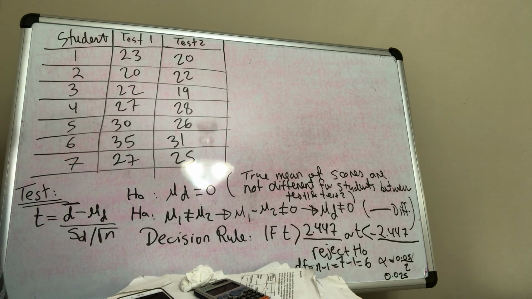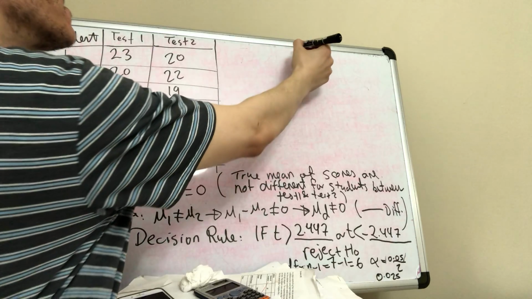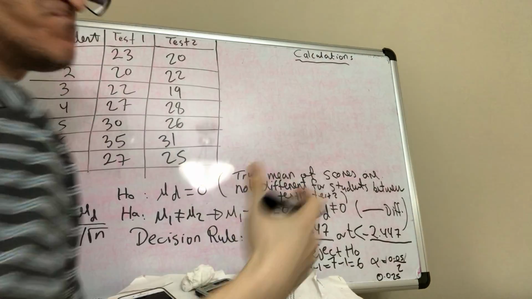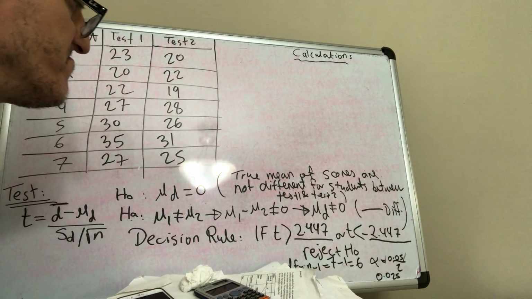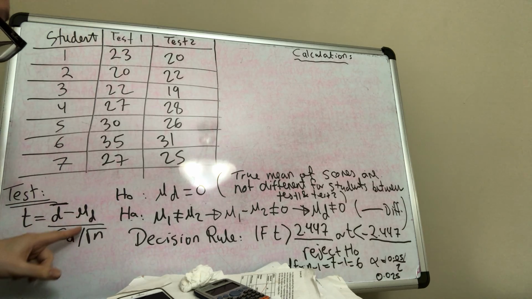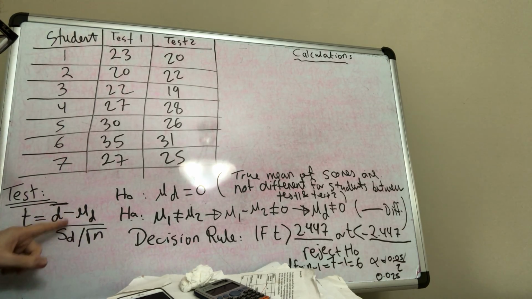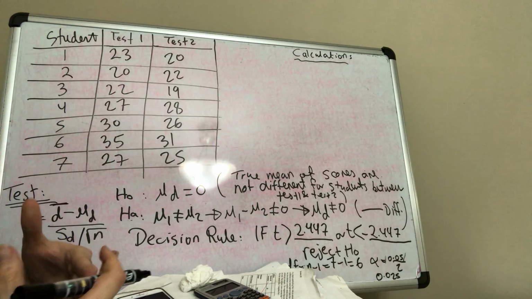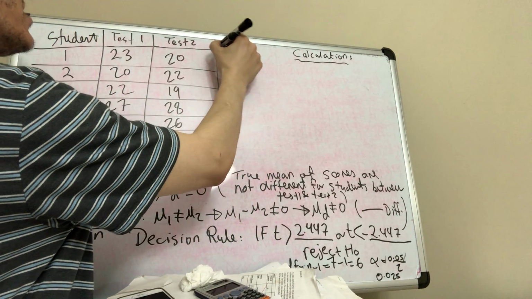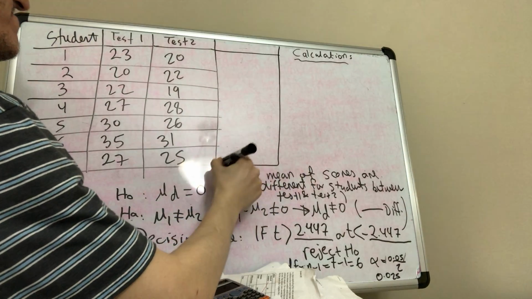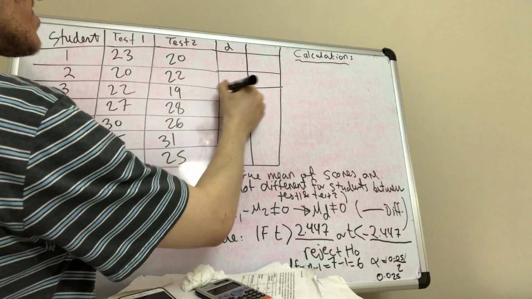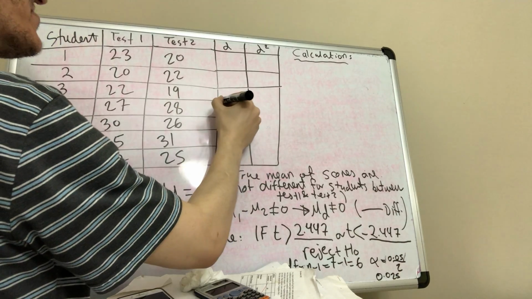After this, we do calculations. But to do the calculation, there is a little bit of work involved. You see the formula, it says d bar minus mu d over sd over root n. To do d bar and sd, we need the sum of d, sum of differences, and the sum of differences squared. So we're going to add two columns to this. One called D for difference, and one called D squared for the difference squared.